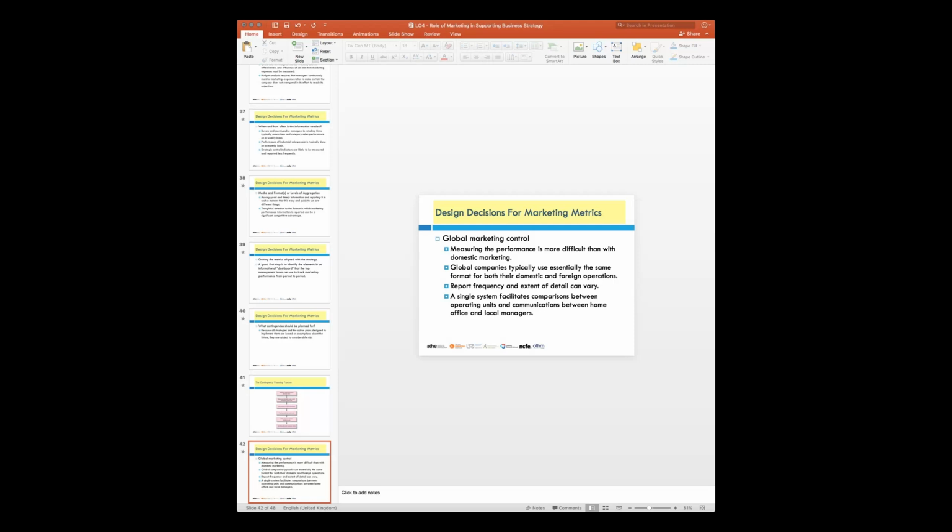Now, what has Kotler defined as marketing metrics? He's defined this as a set of performance measures that helps companies quantify, compare, and interpret their marketing performance.